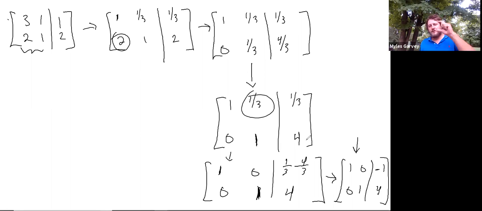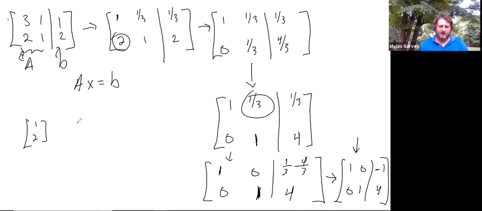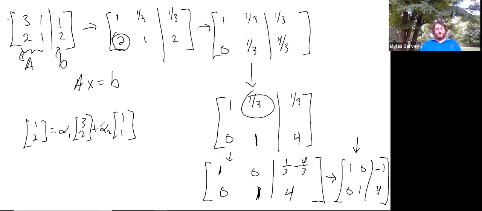Well, by doing that set of manipulations, we initially started with AX equals B, where this is our B, this is our A. And remember, we were trying to say, can we write the vector (1, 2) as a linear combination of (3, 2) and (1, 1)? That was the same thing as the matrix [3, 2; 1, 1] times (alpha 1, alpha 2).